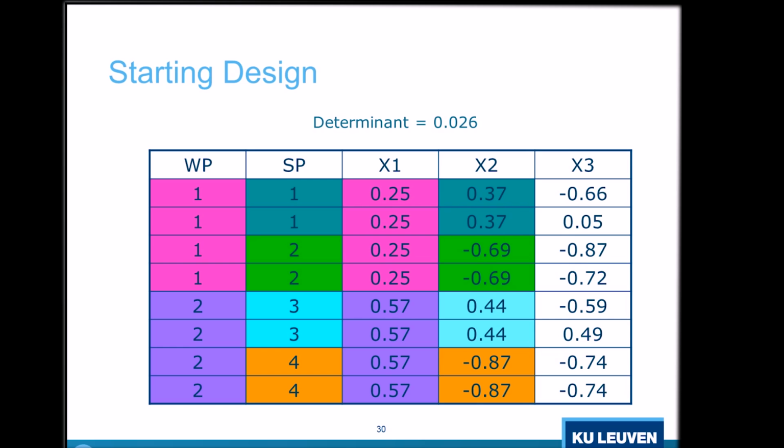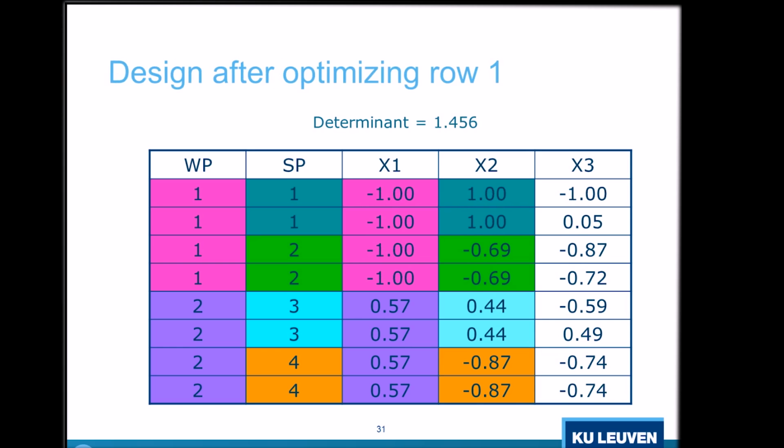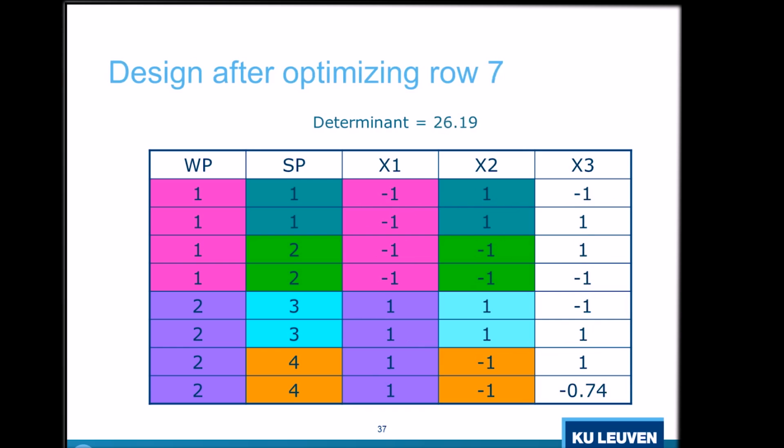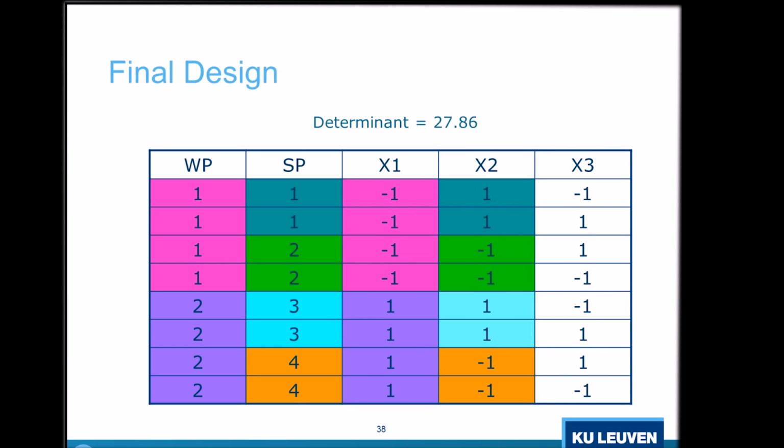I will click through the next couple of slides, and you will see that the algorithm first optimizes the first row of the design. Next, it optimizes the second row, the third row, the fourth row, and so on and so on. If I keep on clicking, you can see that row by row, coordinate by coordinate, the design is optimized.